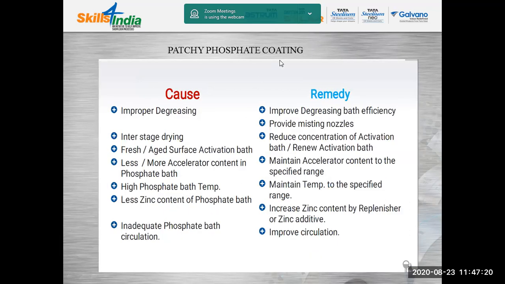Patchy phosphate coating. The normal causes are improper degreasing, interstage drying, a fresh or aged surface activation bath, less or more accelerator content in the phosphate bath, high phosphate bath temperature, less zinc content in the phosphate bath, and inadequate phosphate bath circulation.